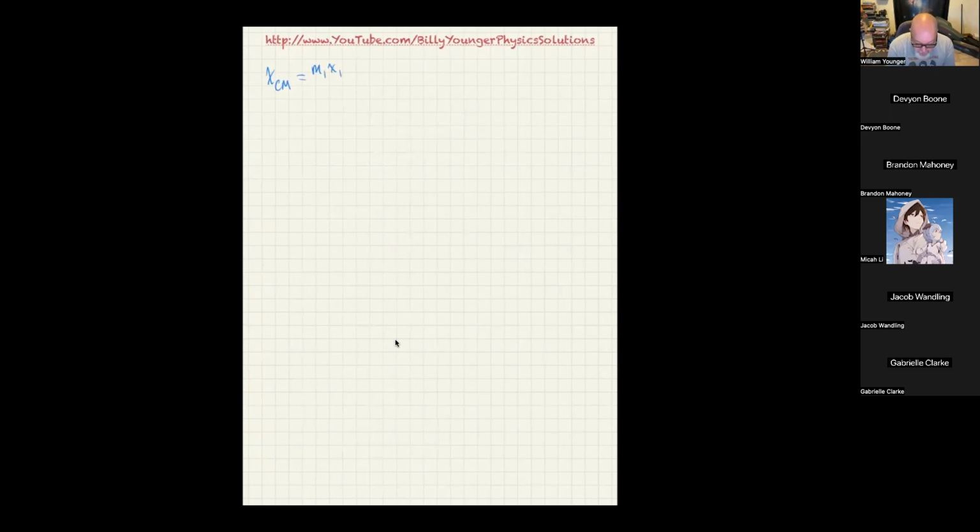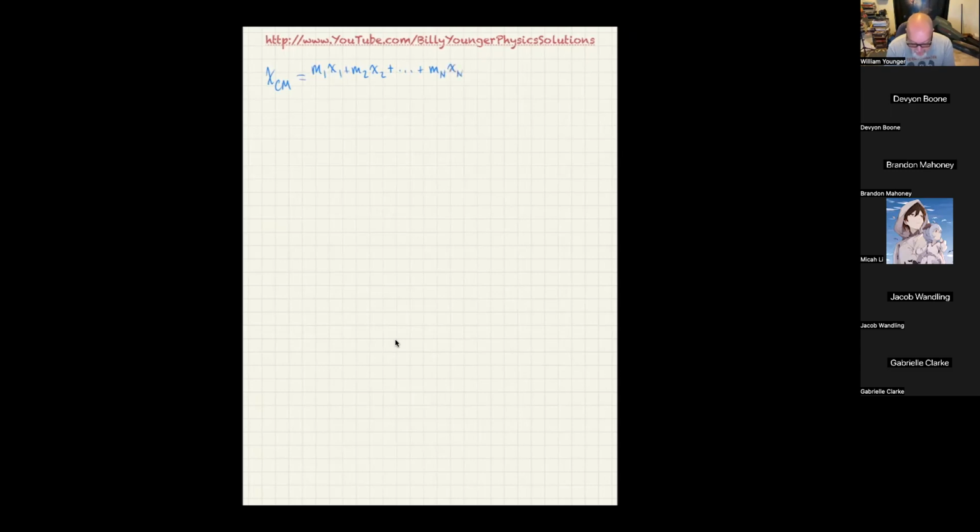And then you go to the next particle, which would be M2 times X2. And ideally, these things would be particles. But one thing we know from our gravity chapter is if these things are spheres, then they still behave as if they're particles, only the particles' coordinates would be the center of the sphere. So we can think of it that way as well. And we keep doing that, adding them all together until we've added up all of them, which is M sub n times X sub n.